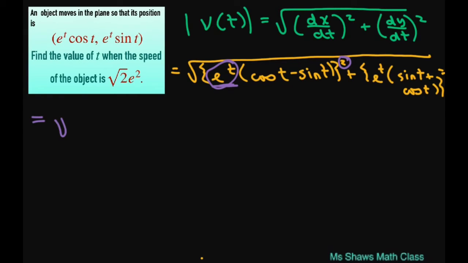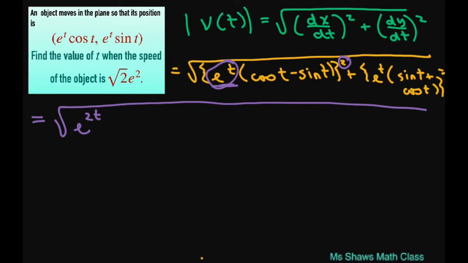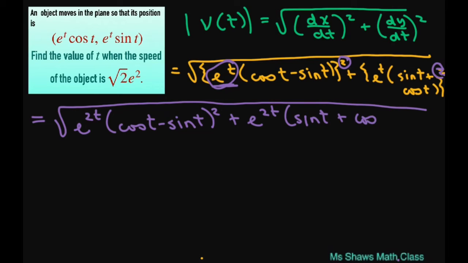So it's going to be the square root of e to the power of 2t times cosine of t minus sine of t squared, plus e to the power of 2t times sine of t plus cosine of t squared.